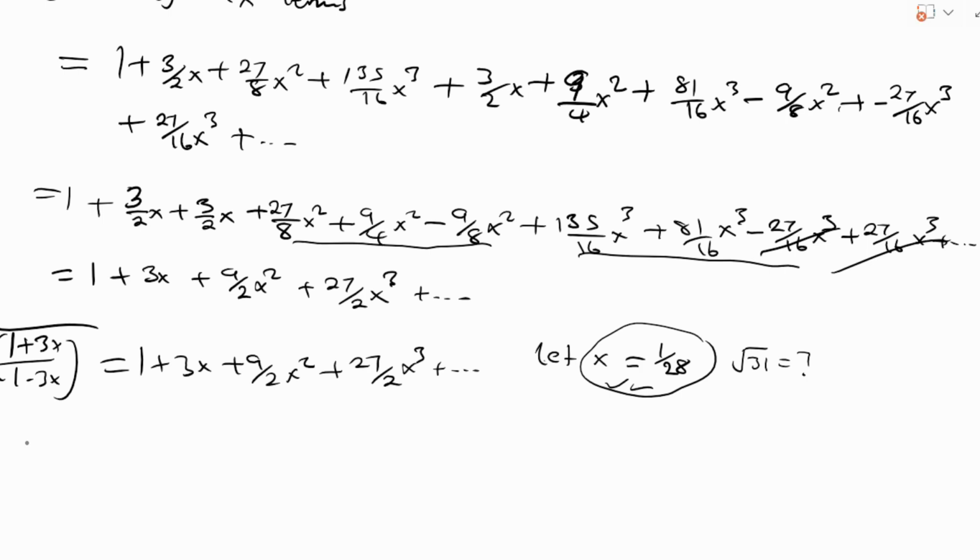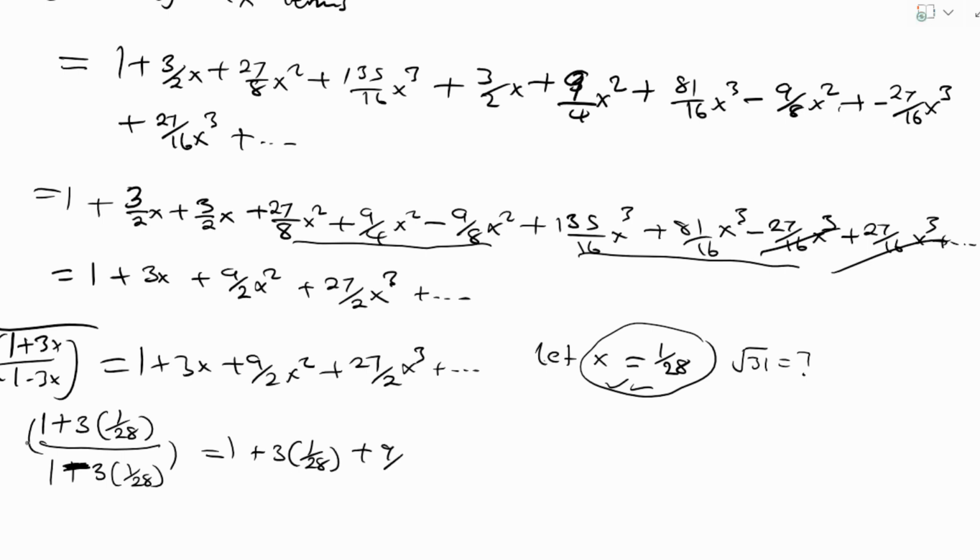On my left hand side, what I have is 1 plus 3x over 1 minus 3 times 1 over 28, is equal to 1 plus 3 times 1 over 28, add 9 over 2 times 1 over 28 squared, plus 27 over 2 times 1 over 28 power 3, and so on.